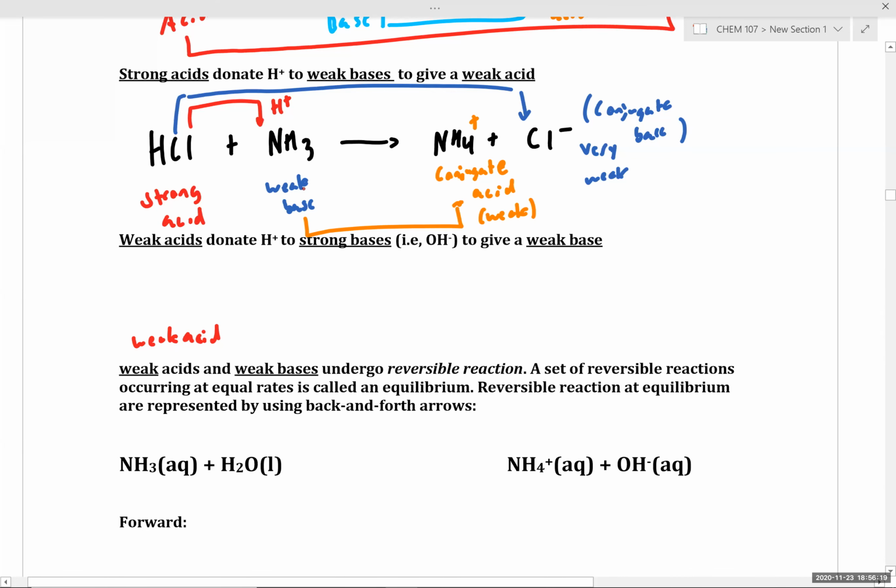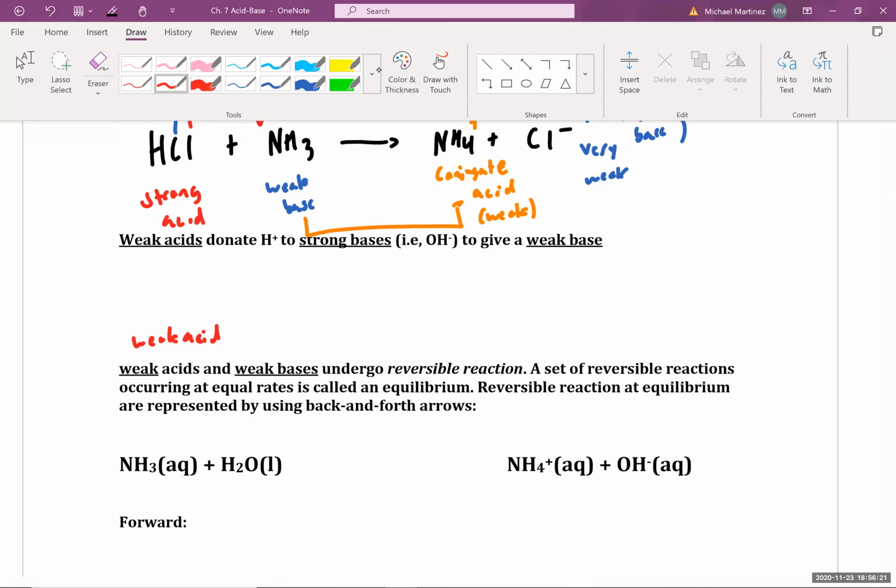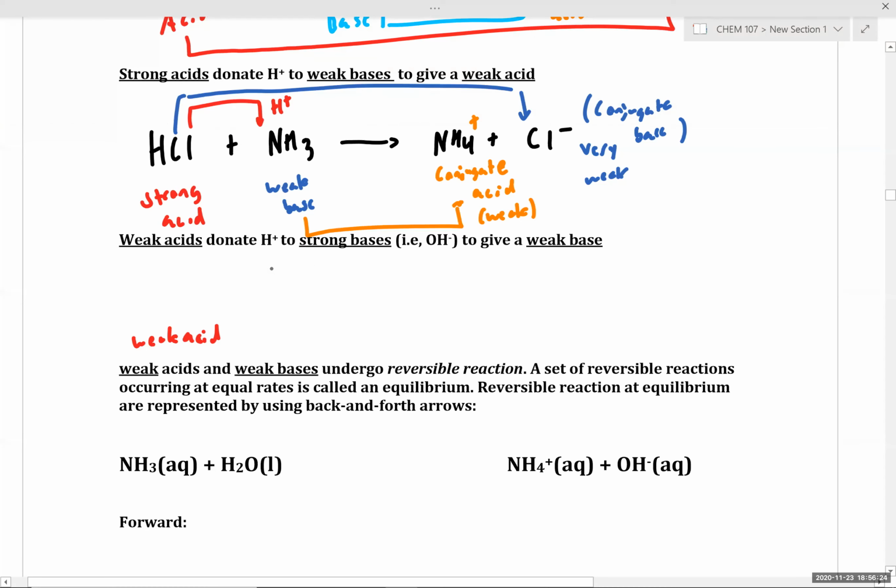What would be an example of a weak acid? So what's an example of an acid that's not on our list of strong acids? Would anyone like to volunteer a sample formula or name?